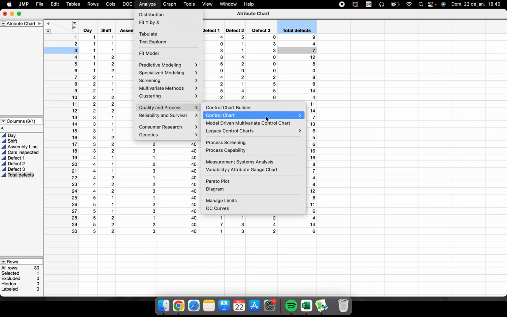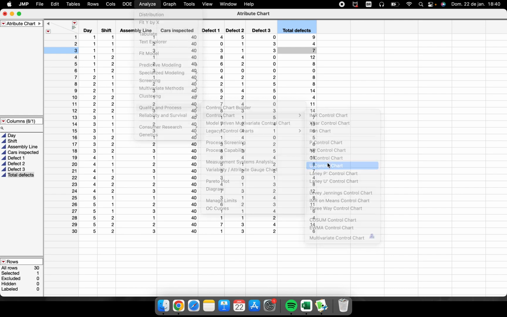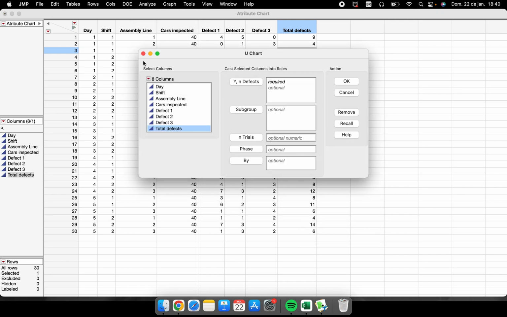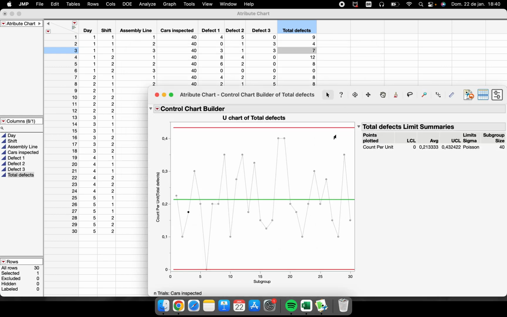Analyze, quality and process, control chart, U chart. Here, if you watched the C chart video, you can see that it is exactly the same platform. Okay, what is the difference? This U here above. So we are going to put here the total defects, the cars inspected, and we will run this chart.